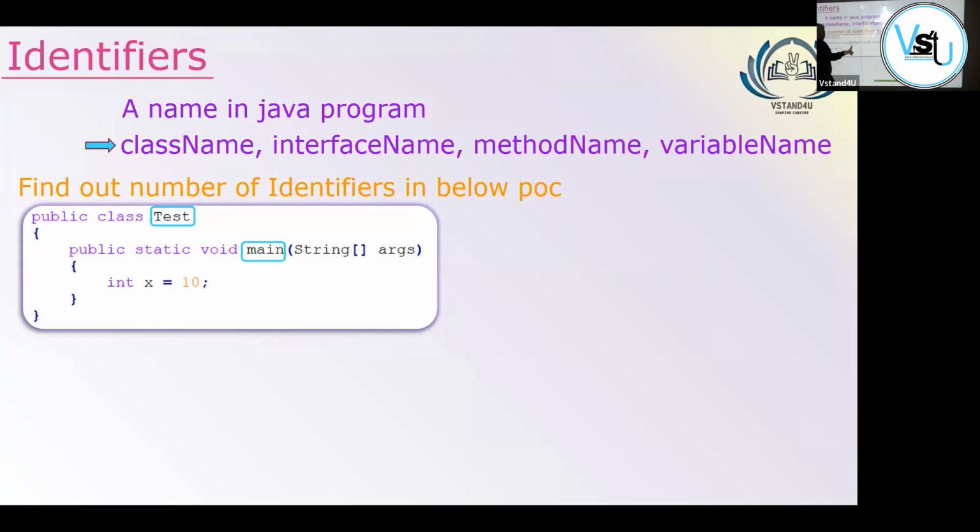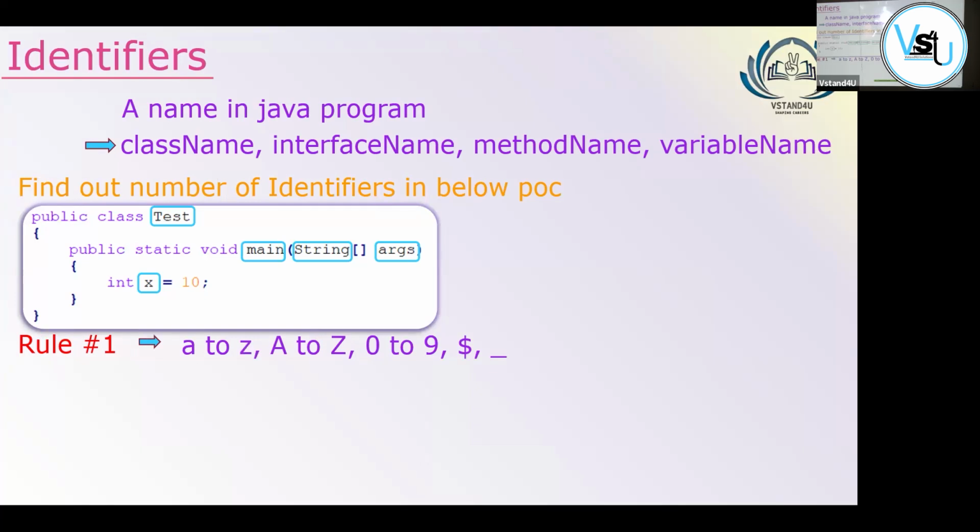Main is the place from where the program execution is started by the JVM. Then next, String is a class name. args is a variable name of this. We will study all of this. As of now, you don't know something great. Wait for a few days. Then our x is there. Leave this. You focus on rule number 1.